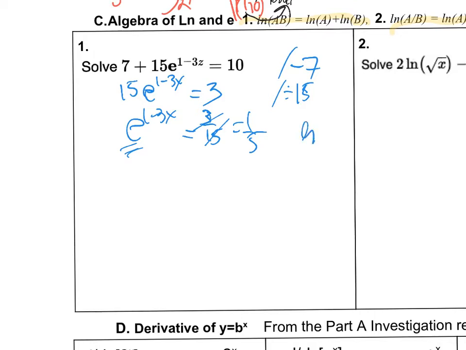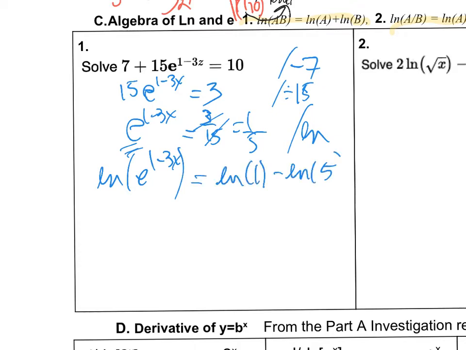So we take the ln of both sides, and I end up with the ln of e to the 1 minus 3x equals ln of 1 minus the ln of 5, because remember that when you're taking the logarithm of a quotient, you can subtract the logs. So ln of 1 over 5 is ln 1 minus ln 5.